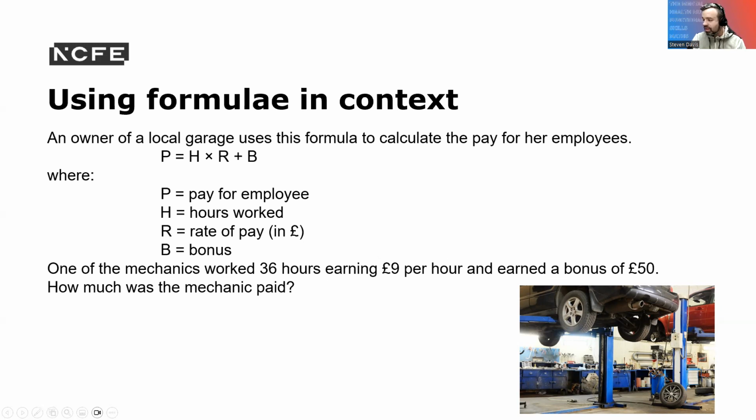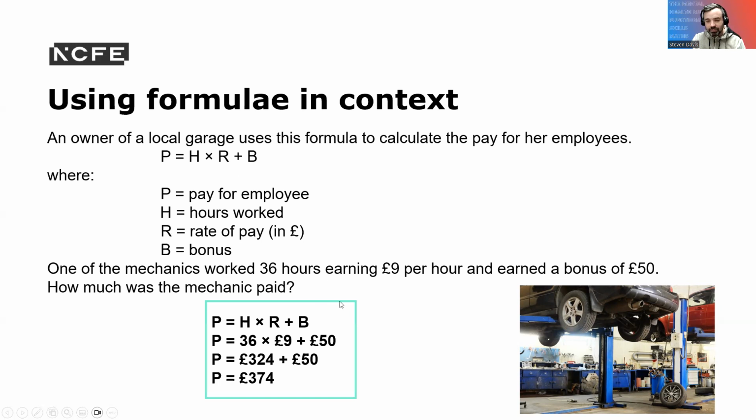How much were they paid? We can work this out by doing 36 times 9 plus 50, which equals 324 plus £50, which is £374. So hours times rate plus bonus. There we go.